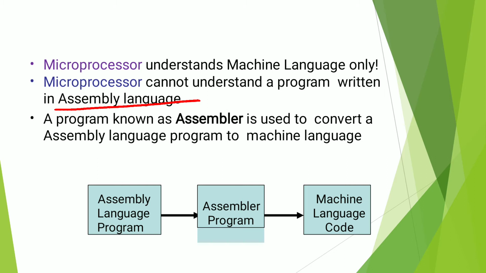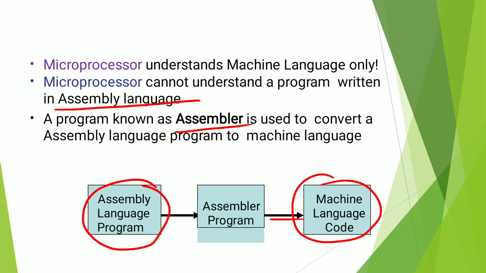The translation is done with the help of software. A program which translates an assembly language program into a machine language program is called an assembler. So basically, an assembler is used to convert an assembly language program into a machine language program.